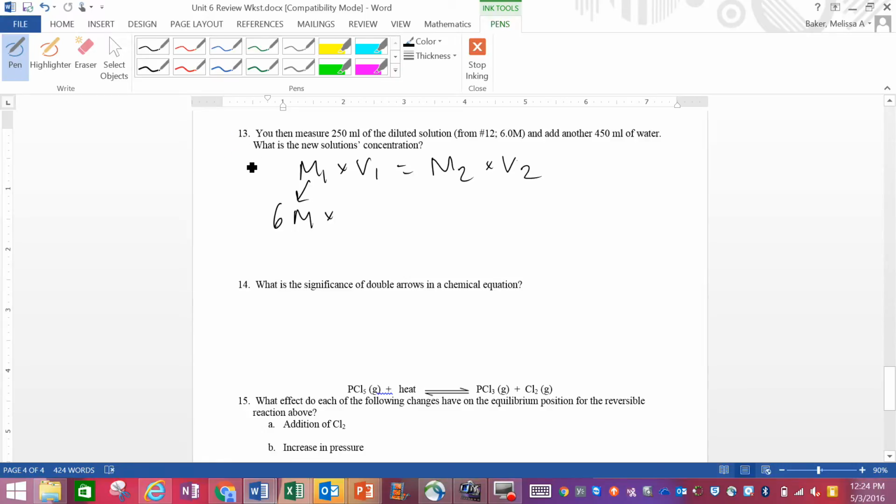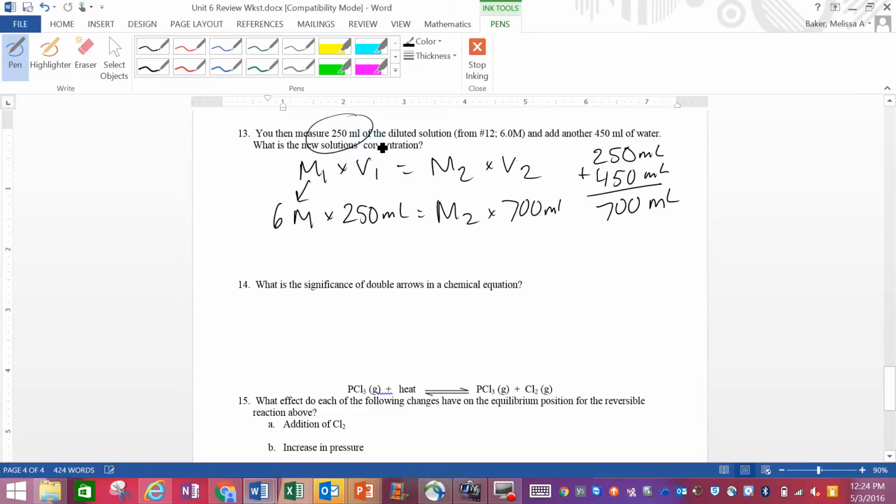I've got 250 milliliters of this. I don't know the new concentration, but the new volume, it was 250 milliliters, but now I'm adding 450 milliliters, so that comes out to be a total volume of 700 milliliters. So that's my new volume.